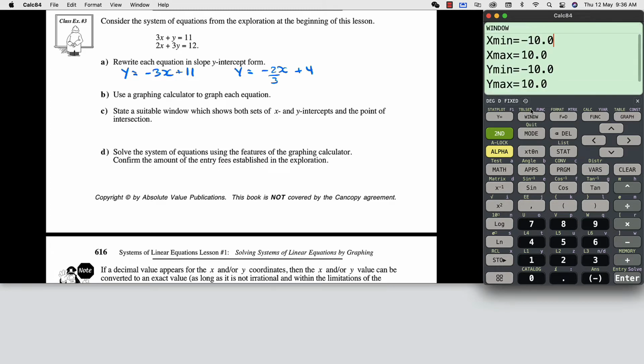We'll go to our window. In this case, we are at negative 10. Now I noticed that my y-intercept on 1 was 11, so I'm definitely going to want to go up a little bit higher.